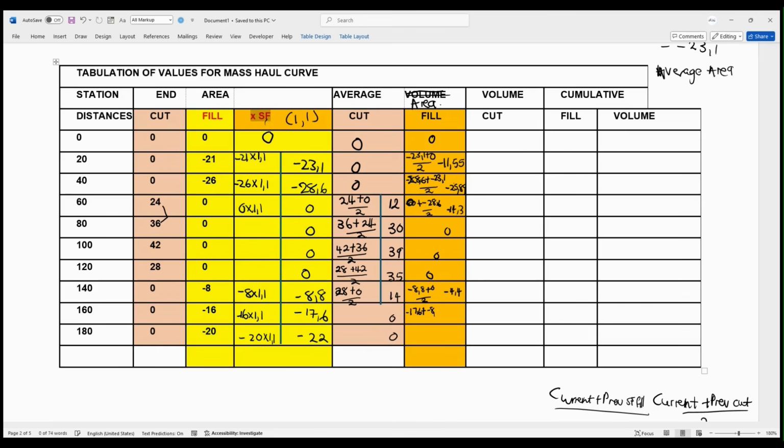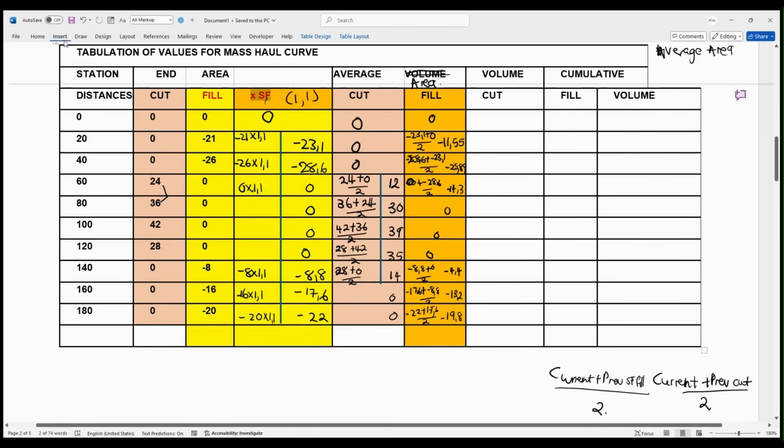Minus 17.6 plus minus 8.8 divided by 2 is negative 13.2. Minus 22 plus 17.6 divided by 2 is negative 19.8. So these are the answers for this section.